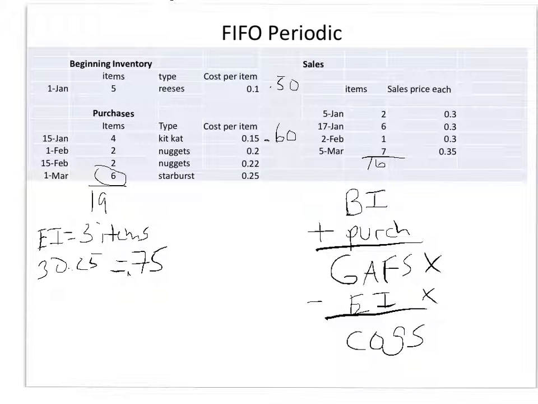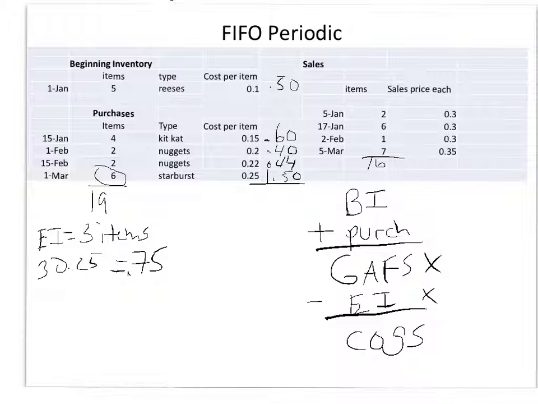We have 2 Nuggets at 20 cents a piece, so that's 40 cents. We have 2 Nuggets at 22 cents a piece, so that's 44 cents. And then we had 6 Starbursts at 25 cents a piece, so that's $1.50 in Starbursts.